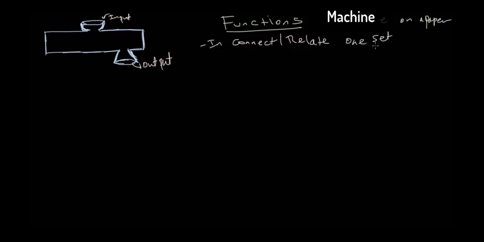A set is a collection of well-defined objects. It's good to see it this way: we have two sets, the input set here and the output set.